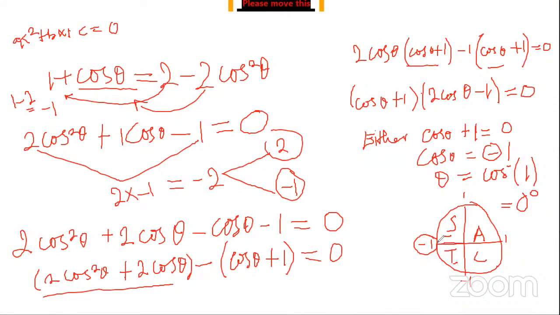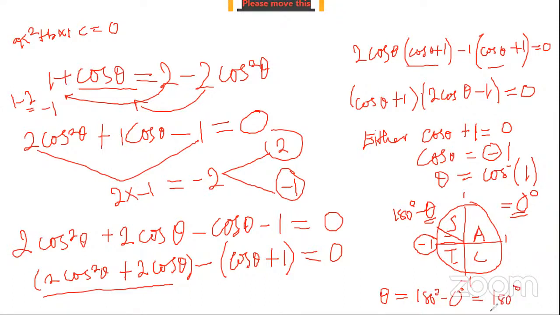But we are saying our angle will lie in the second quadrant and in the third quadrant. So in the second quadrant, our angle is always 180 minus theta, where theta is the angle in the first quadrant. This is the 0 that we are getting. So our angle here is going to be 180 degrees.